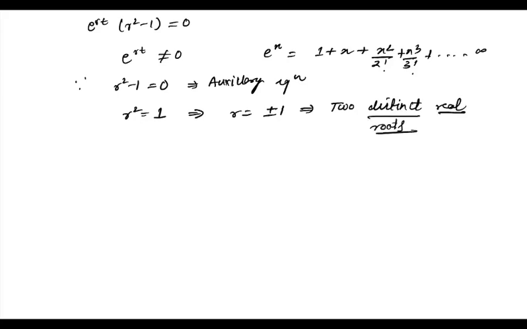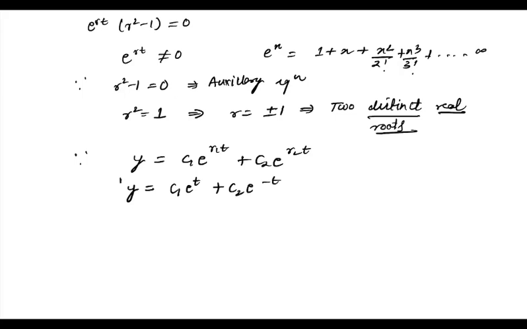So the solution is essentially y is equal to c1 exponential r1t plus c2 exponential r2t, where r1 and r2 are the two roots. Putting in the values of the roots, we get c1 times exponential t plus c2 times exponential minus t. This is the general solution.